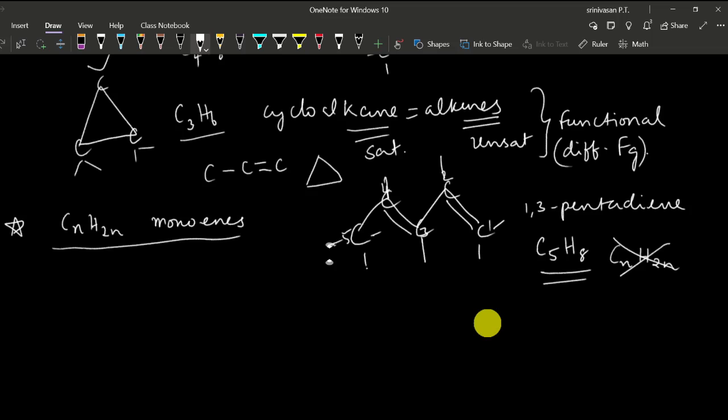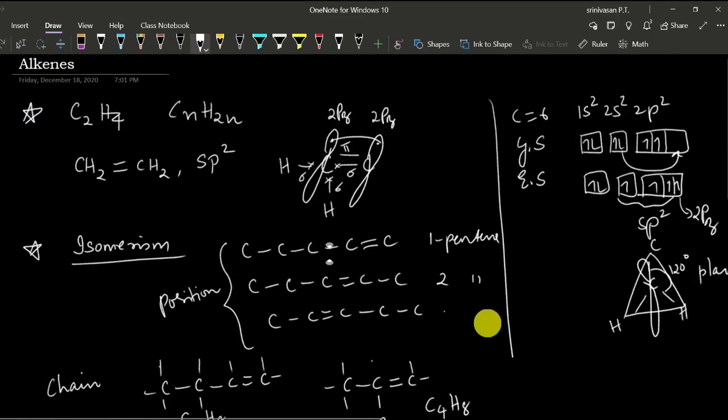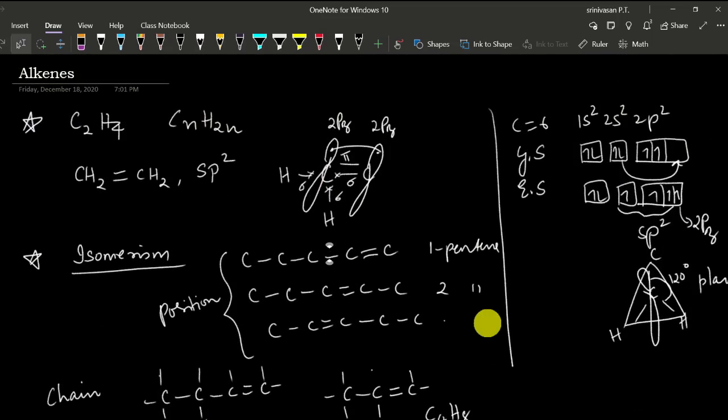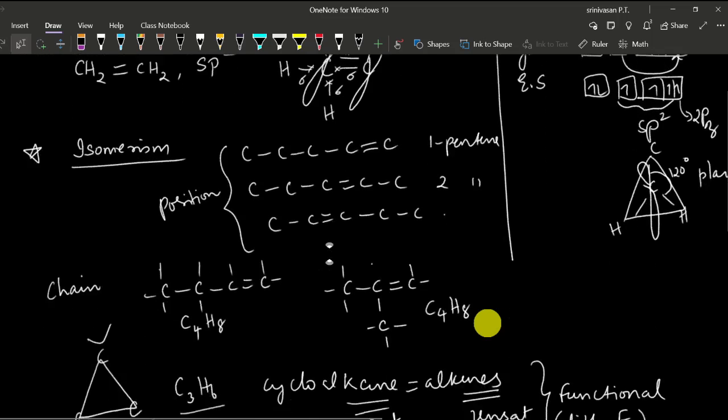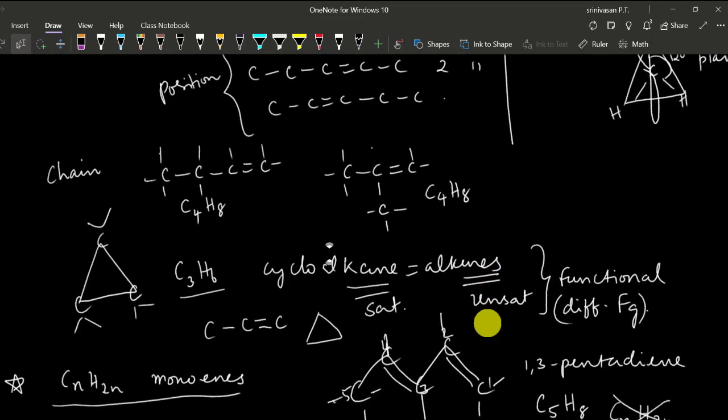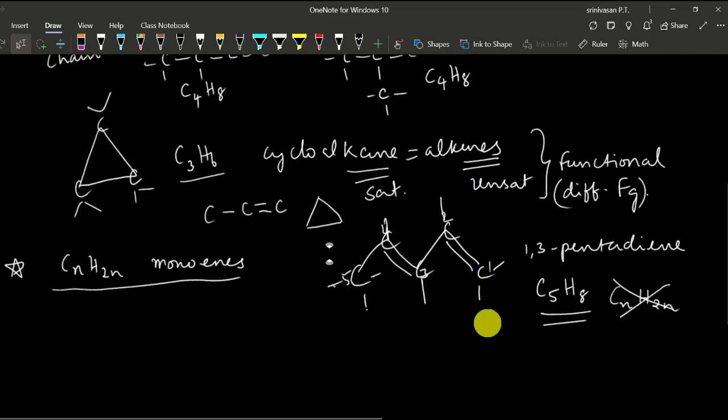So this is the introduction to the alkenes part: the type of isomerism, the bond angle, the number of sigma bonds and pi bonds, the different types of isomerism exhibited by alkenes, and that the general formula applies only to monoenes and not to polyenes.